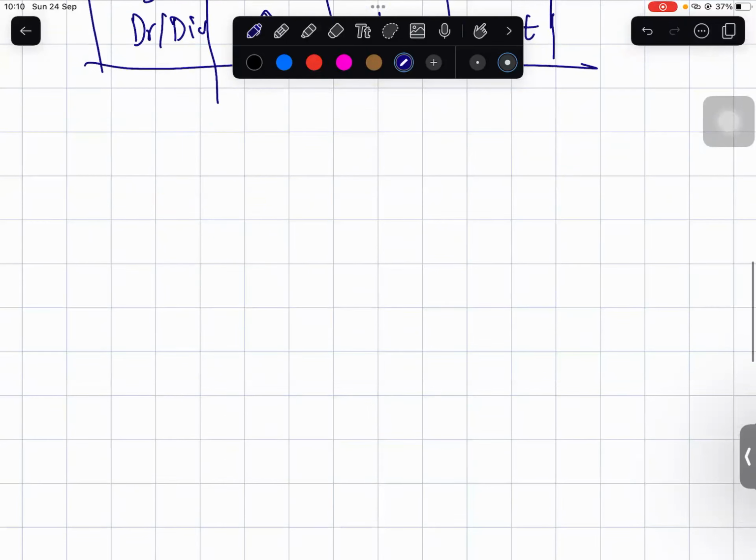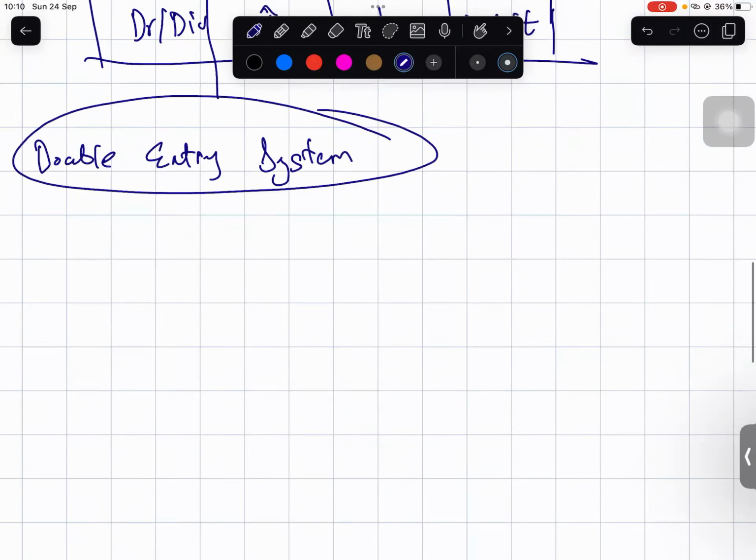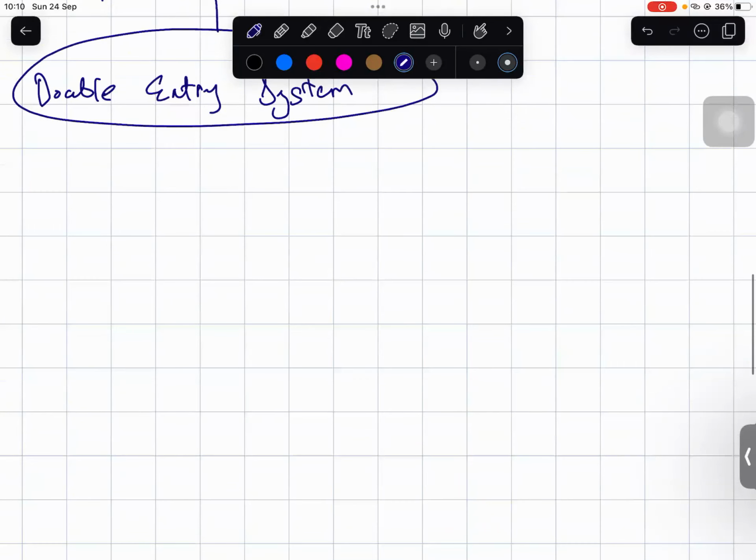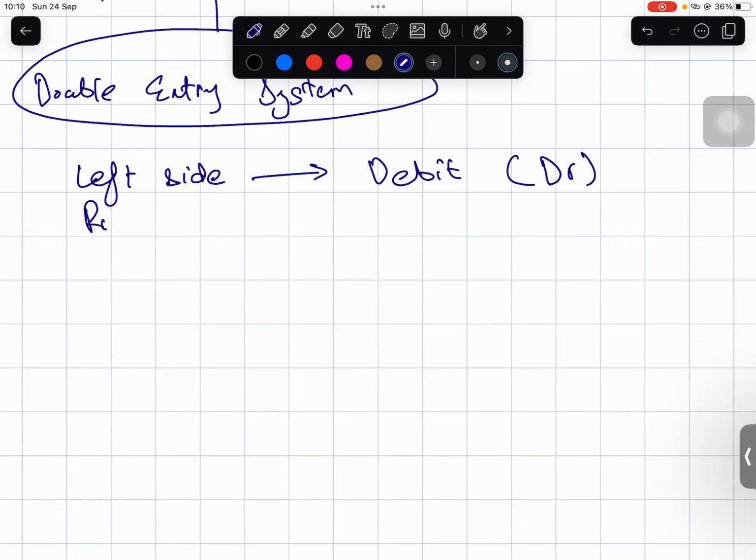Okay. We also discussed what is the double entry system. Double entry system, the main components are the left side is the debit side. We also write that as DR. The right side is called the credit side, which we write as CR.